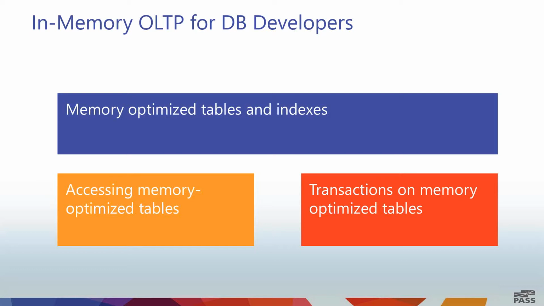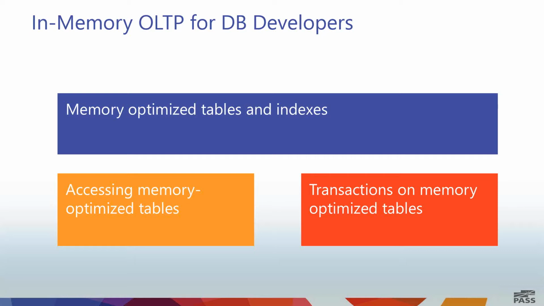Now, to facilitate and to be able to sustain a high level of concurrency in the system, we have a number of assumptions underlying the transactions on memory optimized tables that are a bit different from traditional disk-based tables. So I will go through some of the implications that this has on your application.